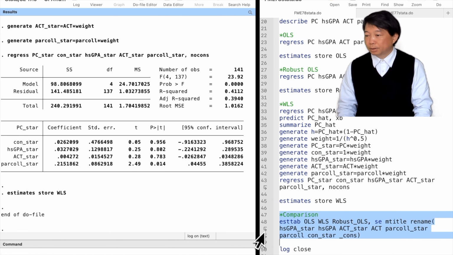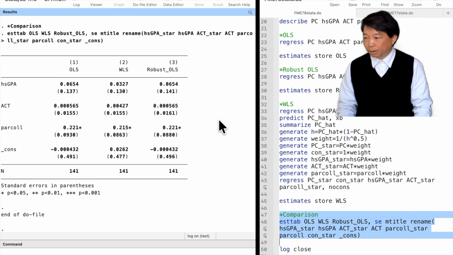I list the estimates from the linear probability models using these 3 methods: usual OLS, WLS, and robust OLS. The high school GPA and the ACT scores do not have statistically significant effects.